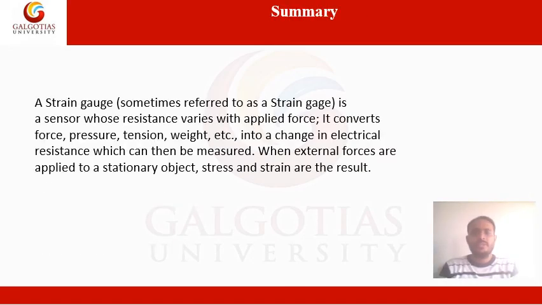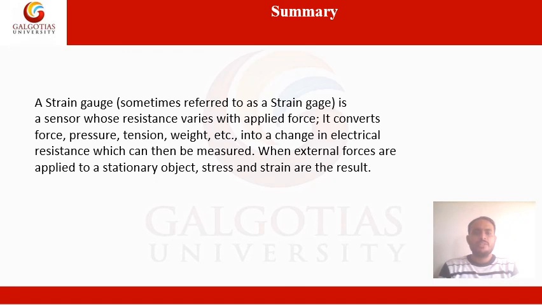Now the summary of today's class is that we have discussed strain gauges, their types, their areas of application in different fields, their selection criteria, and we have also seen some kinds of strain gauges which are being used.